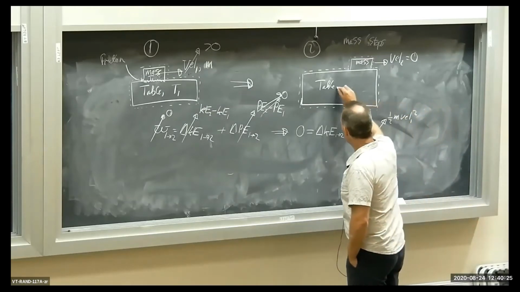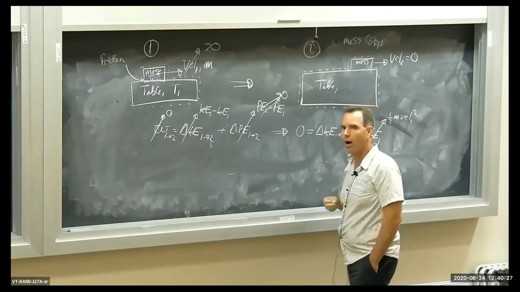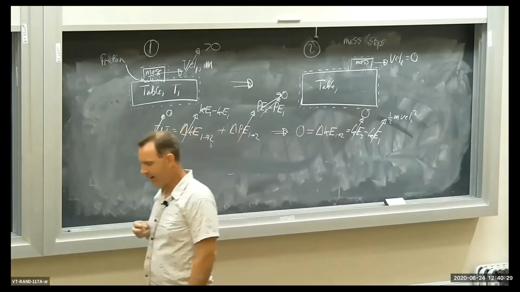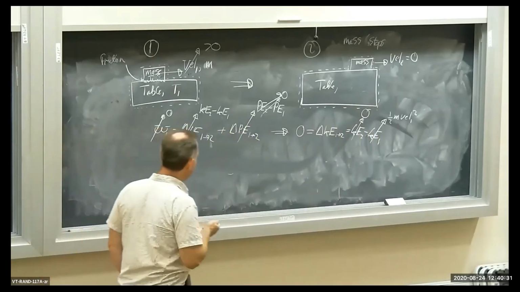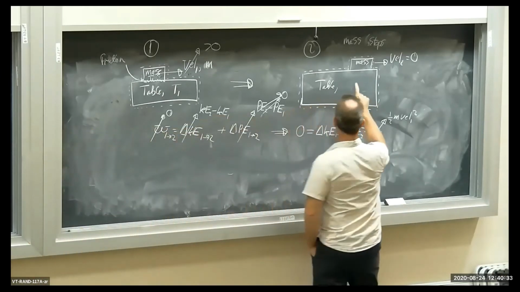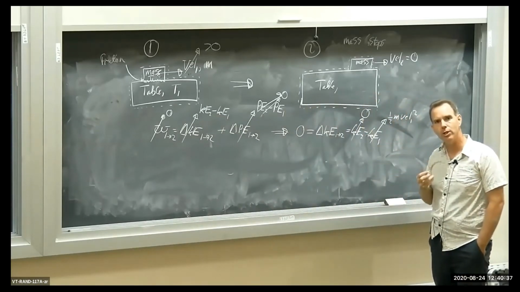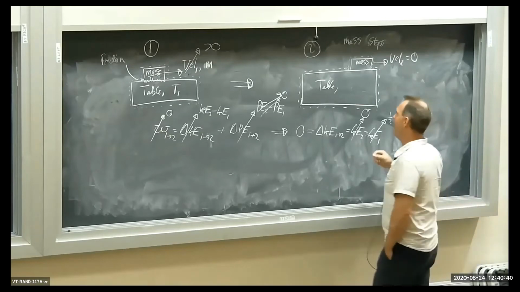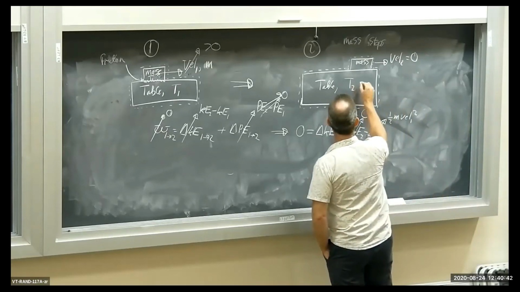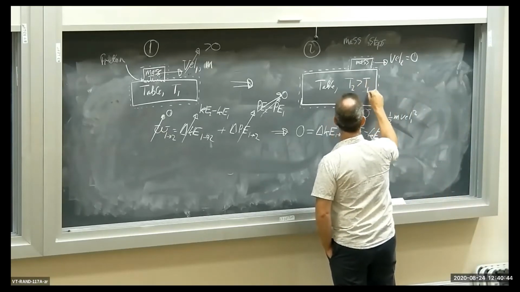And then, once the mass stops, I again take the temperature of the table mass system. I stick a thermometer right here, and I find out that the temperature has gone up. I have a temperature T2, which is greater than T1.